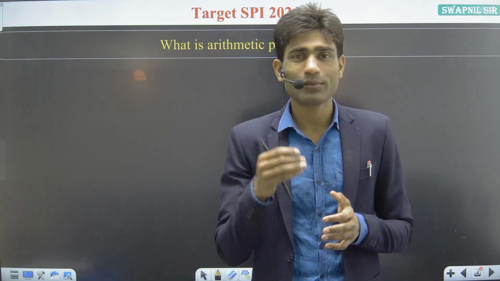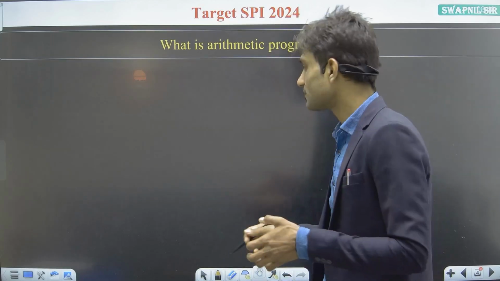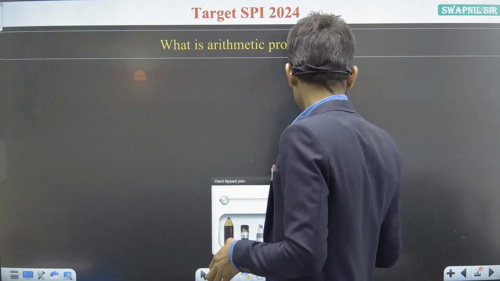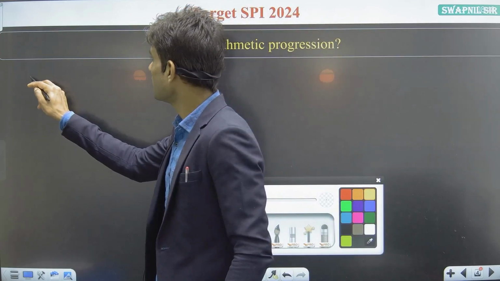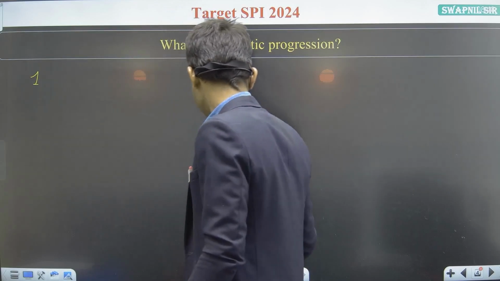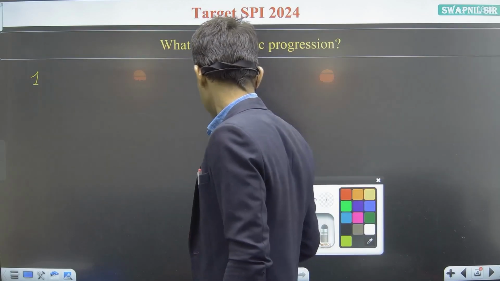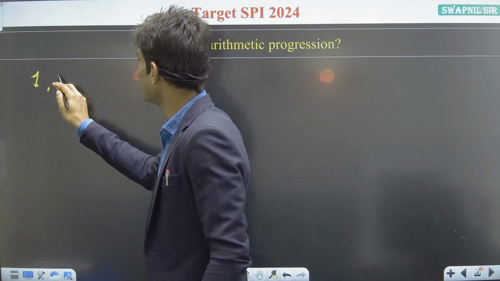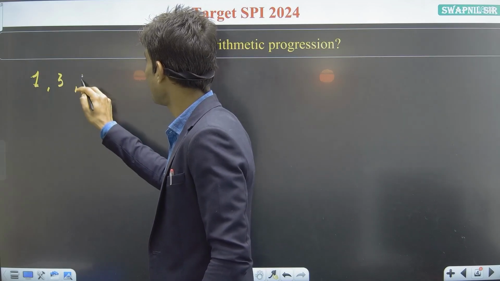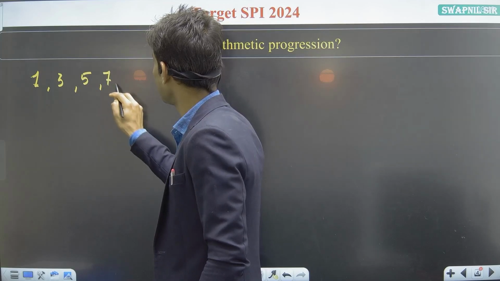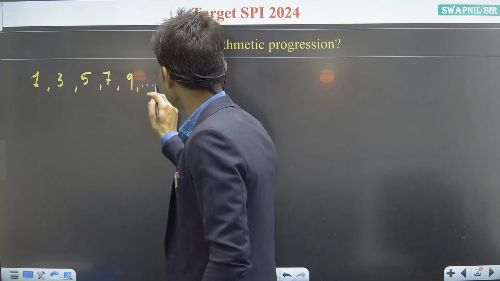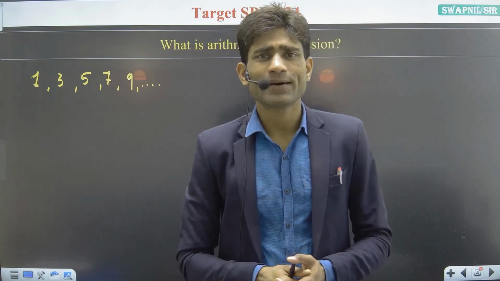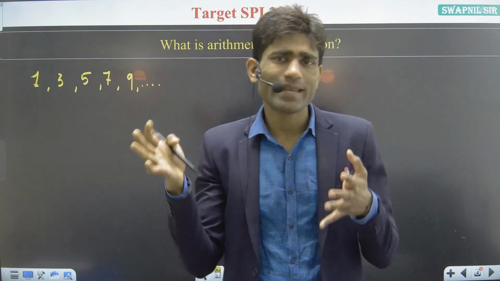Now let me explain with one sequence. Let me consider the first element 1, after that 3, after that 5, after that 7, after that 9, and so on. I consider this the sequence: 1 3 5 7 9 and so on.